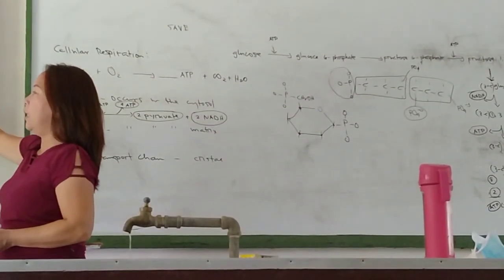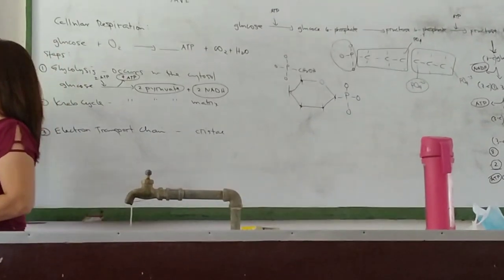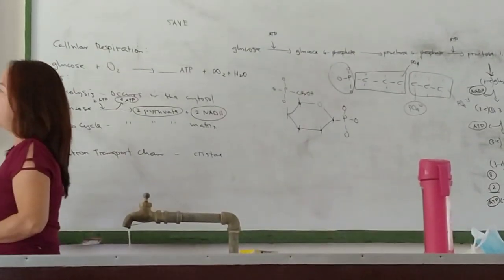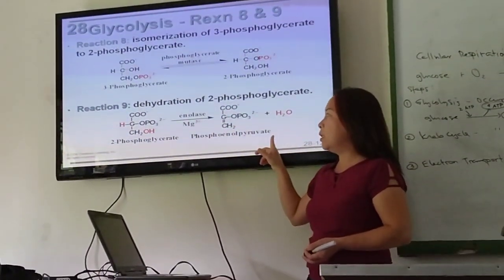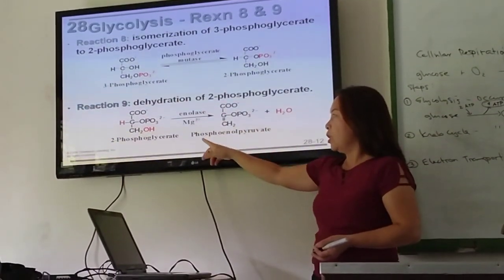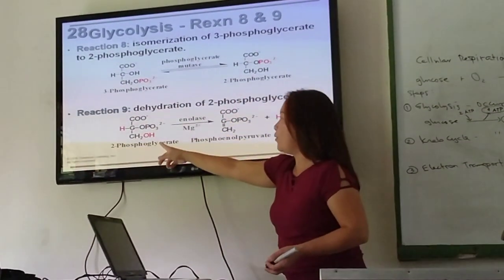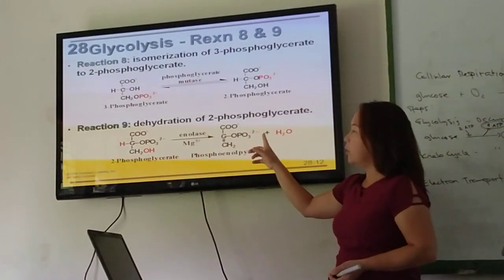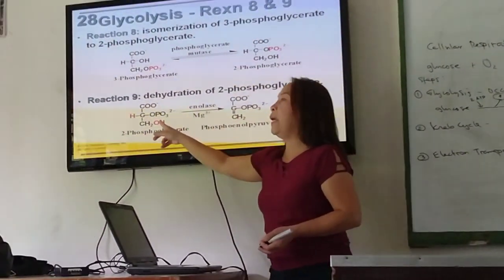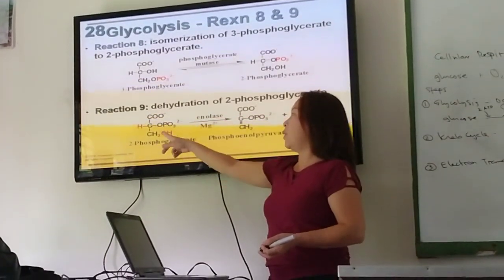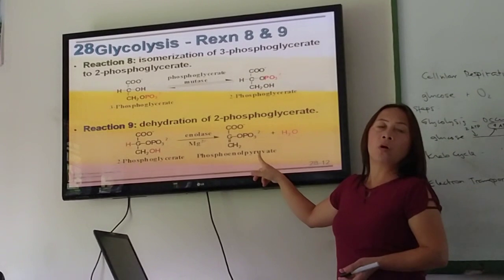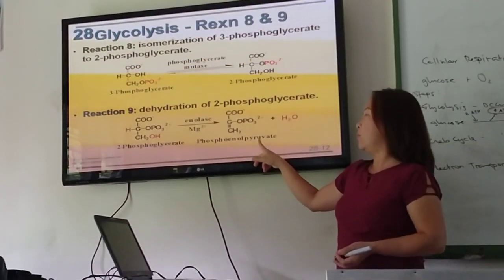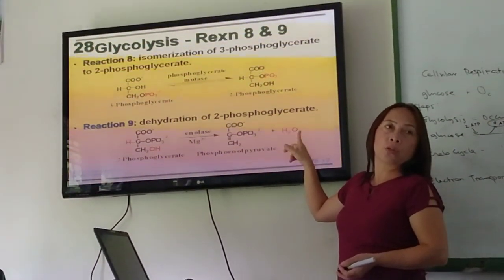Now, in reaction 9, there is again removal of water, dehydration. 2-phosphoglycerate undergoes dehydration, losing water, to become PEP, or phosphoenolpyruvate.